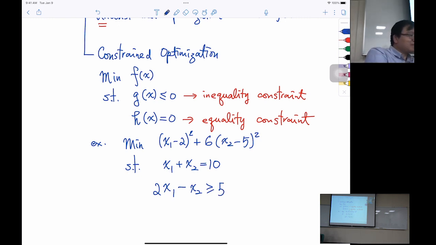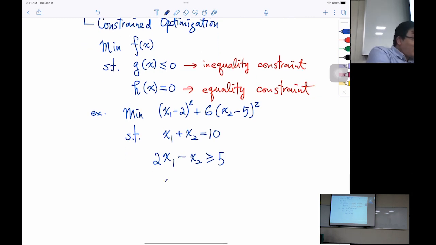For example, I have a problem like this, and maybe more. x1 must be greater than 1, x2 must be greater than -2. Something like this. I can quickly make a drawing, a figure to indicate the design space and show you how the entire problem looks.